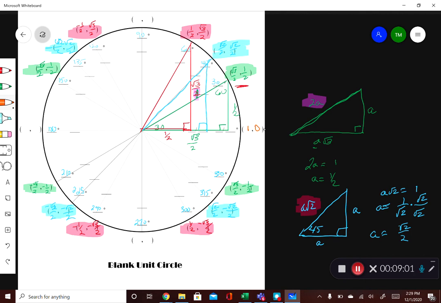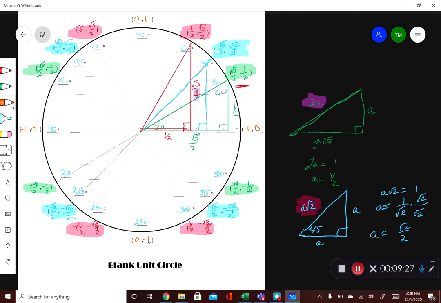And at 90, our x-coordinate is 0 and our y-coordinate is 1. At 180, we're going negative 1 on the x and 0 on the y. And then on 270, we're going 0, negative 1. So we have found all of the values, the coordinates on the unit circle.